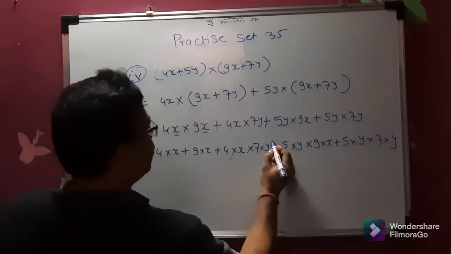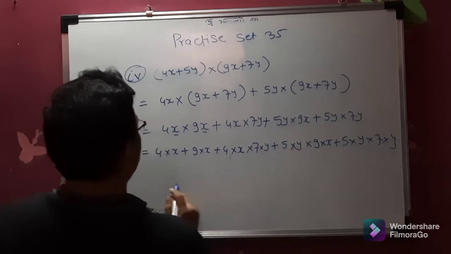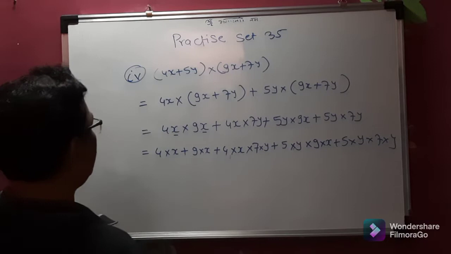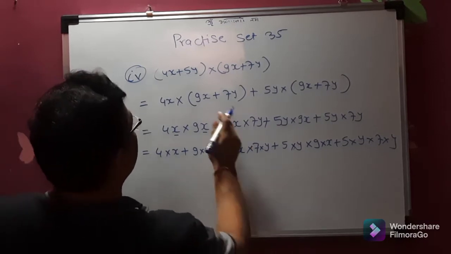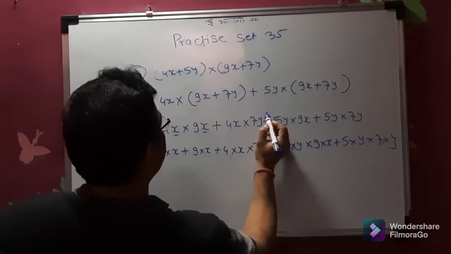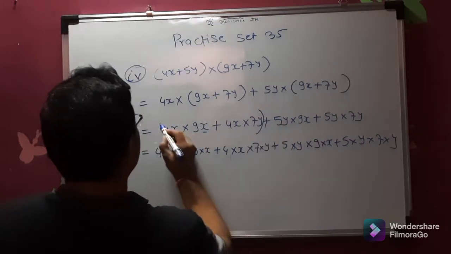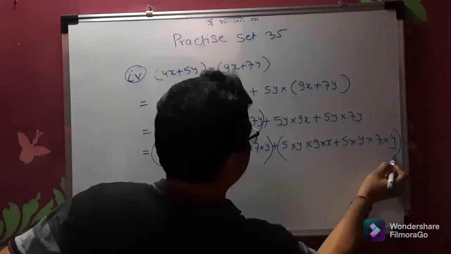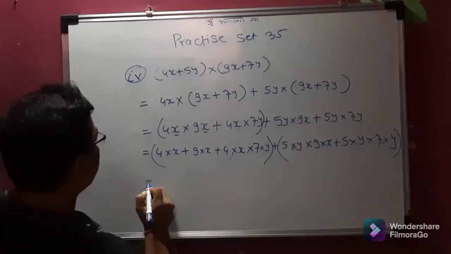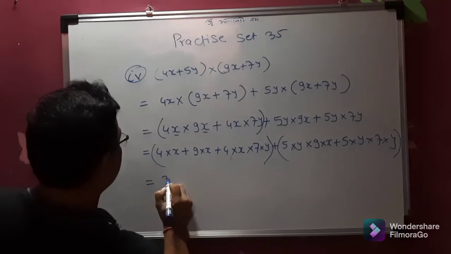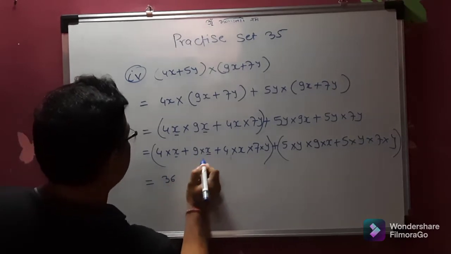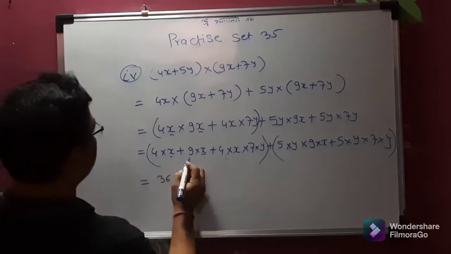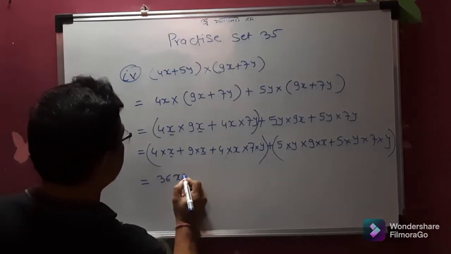Now 9 4s are 36, and this x and this x make x square.